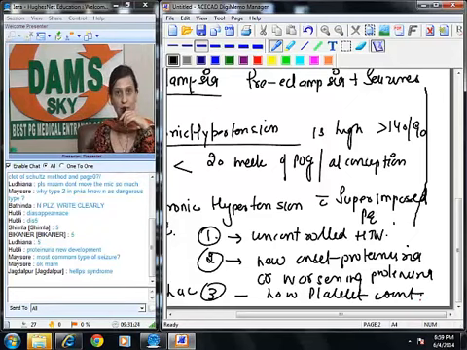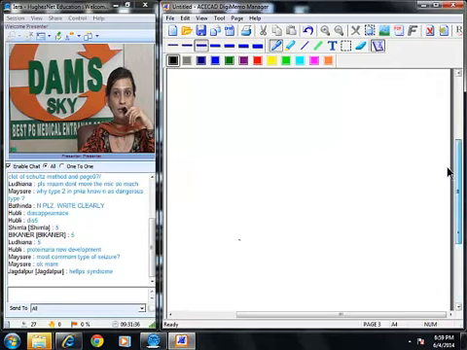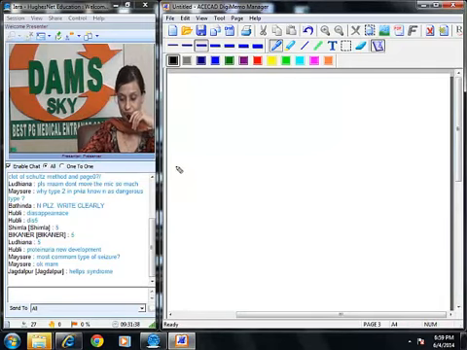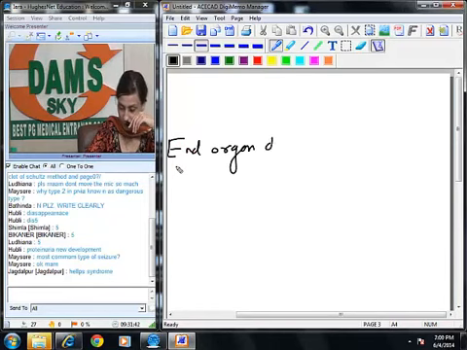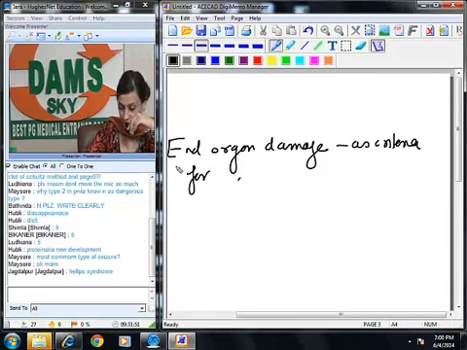Now sometimes people also take end organ damage as criteria for superimposed preeclampsia.